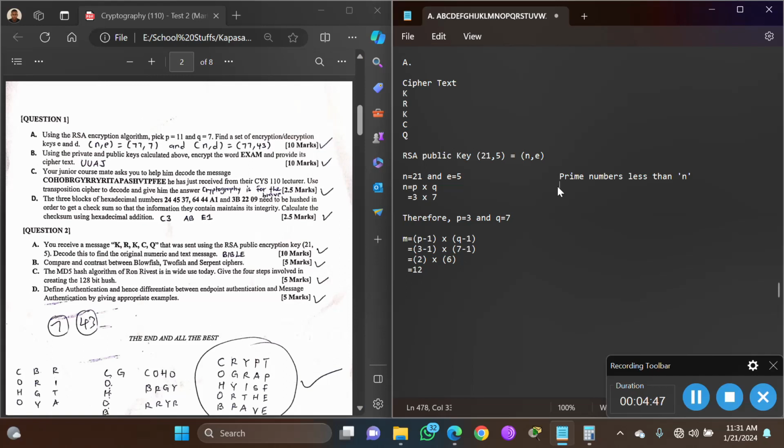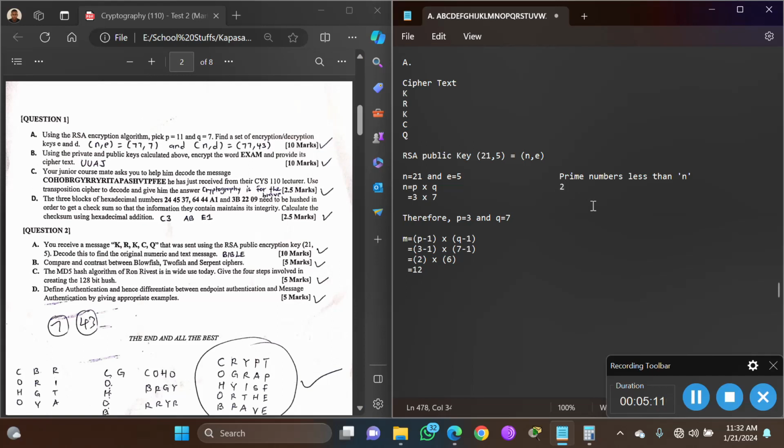And how do we list prime numbers? A prime number is a number which is divisible only by itself and 1. Or in other terms, when you divide it by 2, it should give you point something, not a whole number. So let us start listing.